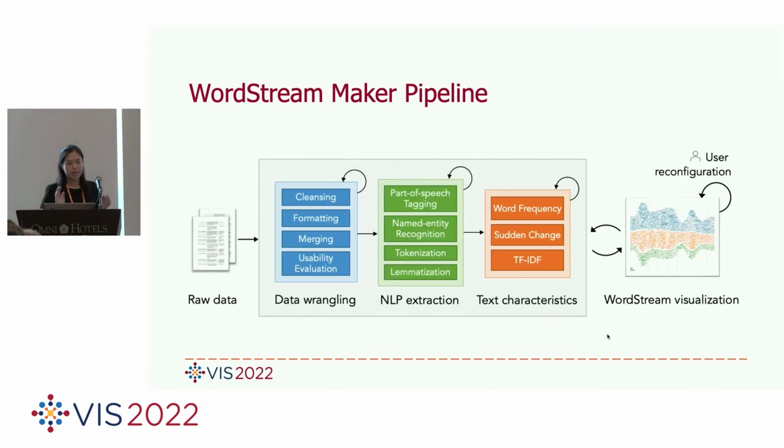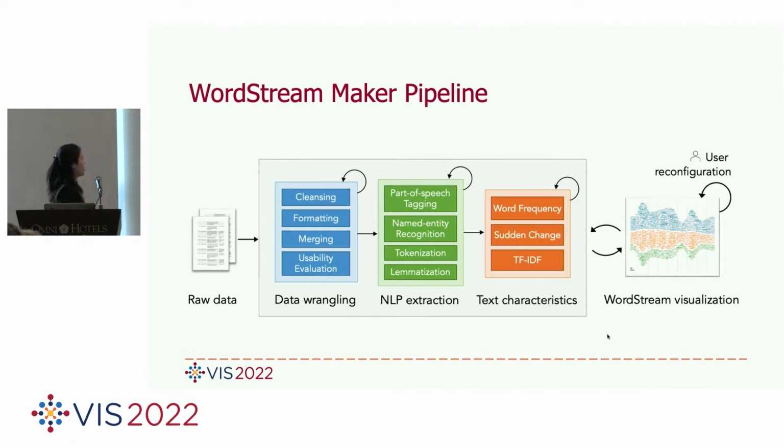Next up, this is the pipeline of WordStream Maker. We start off with the raw data in tabular form. Then it goes through three main blocks: data wrangling, NLP extraction, and text characteristic, before producing the WordStream visualization. Even at this point, the user can reconfigure the parameters to make the visualization as they desire.